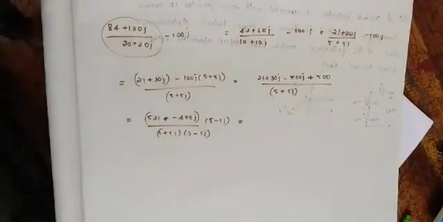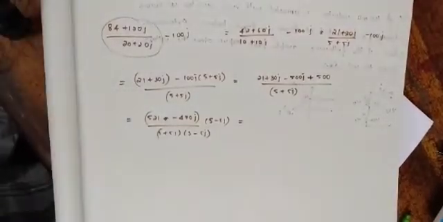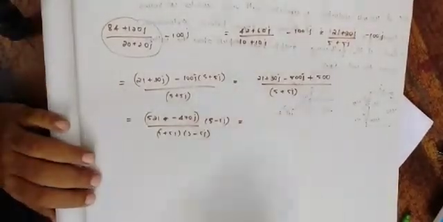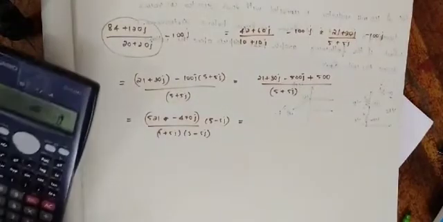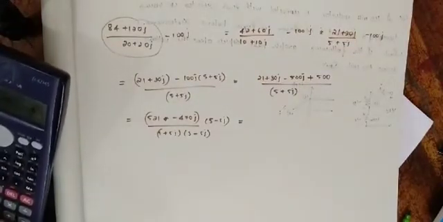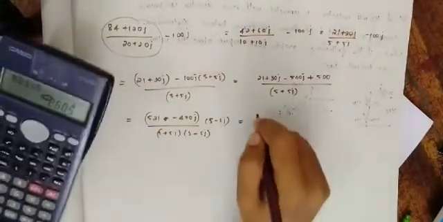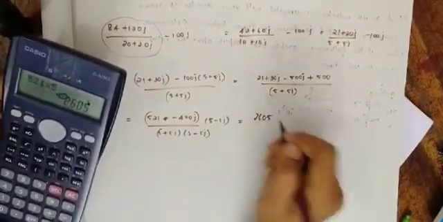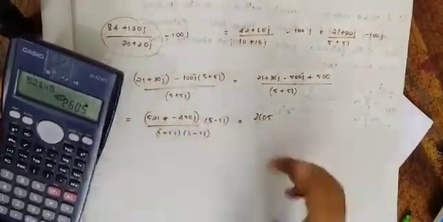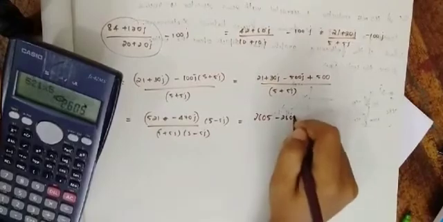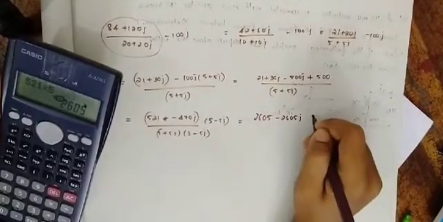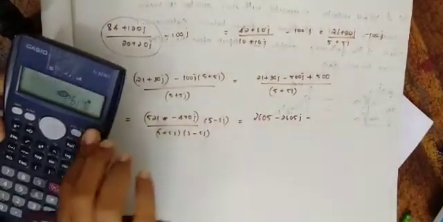Okay, so we'll have to multiply it. So we'll get 521 into 5, 2605, minus 2605j, minus 470 into 5.